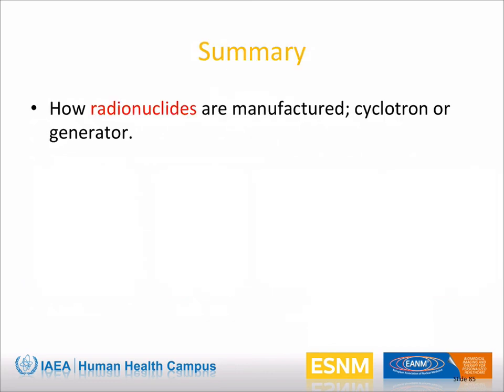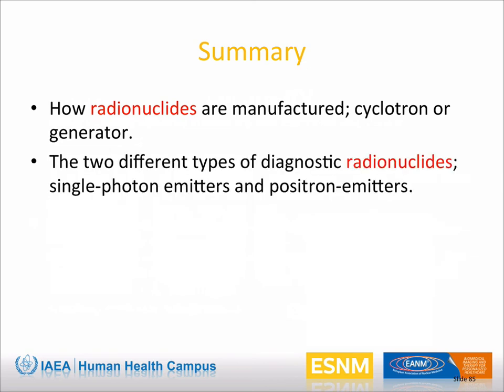Summary. In this webinar, the following topics have been covered. How radionuclides are manufactured, either by cyclotron, such as fluorine-18 and carbon-11, or by a generator, such as technetium-99m and gallium-68.